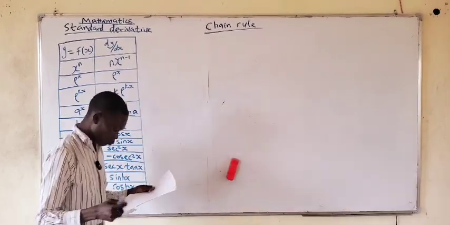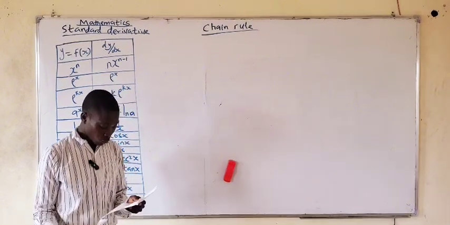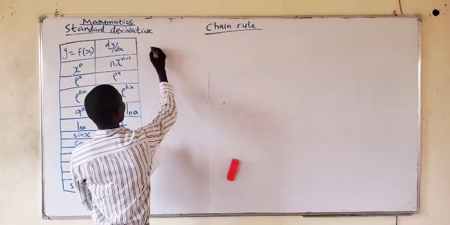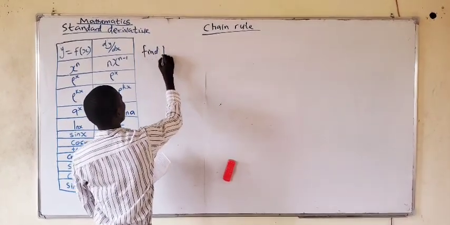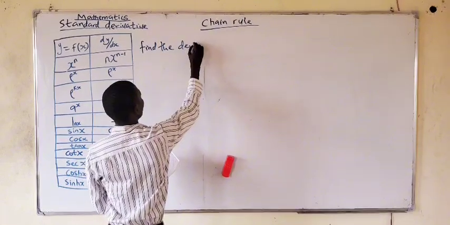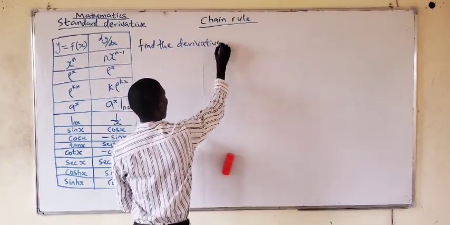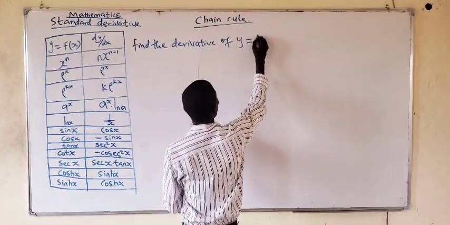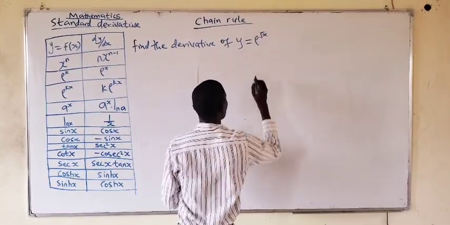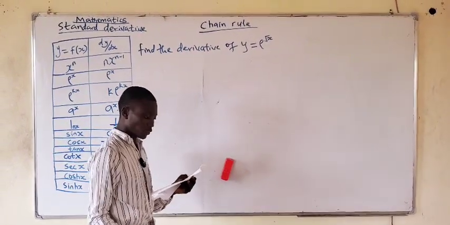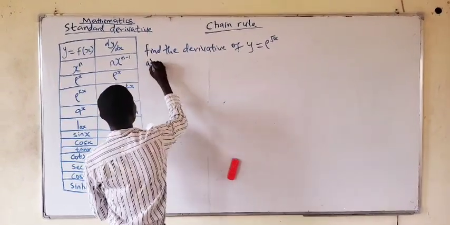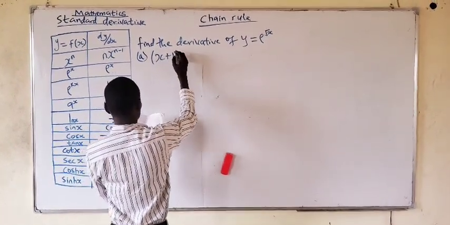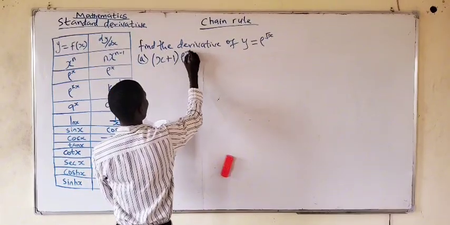Here with me are some questions I want us to look at together. You are asked to find the derivative of y equals e exponential root x. You may be given options. A equals (x plus 1) e exponential root x.